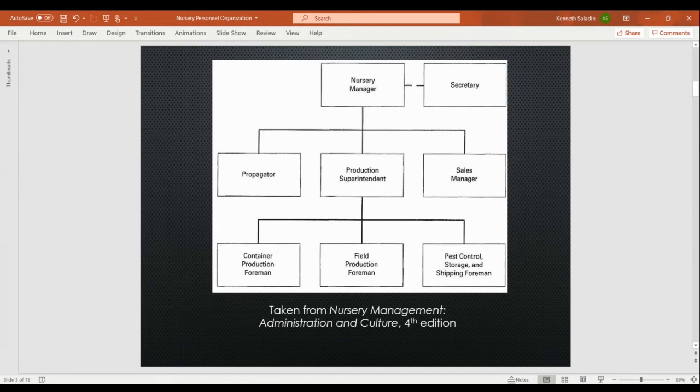So propagators can propagate trees by grafting and budding. Propagators can propagate shrubs, usually by softwood cuttings. Lots of plants can be propagated from seed. Plants can be propagated using a method called layering or division. So there are different ways, different tools that a propagator can use to propagate plants for the nursery.